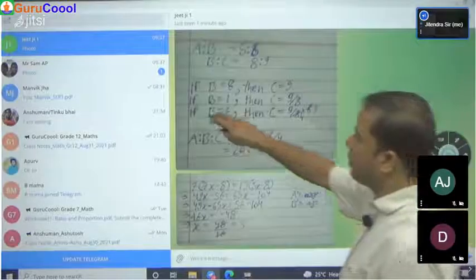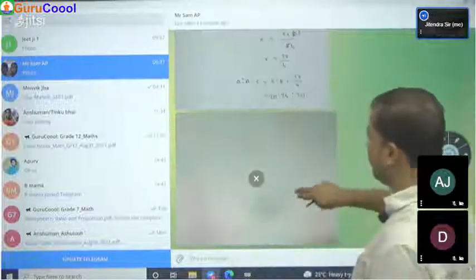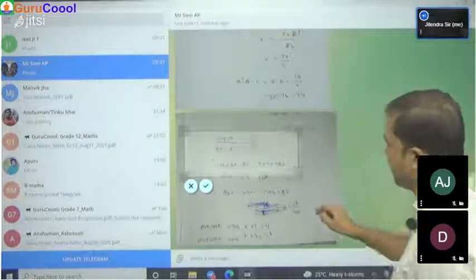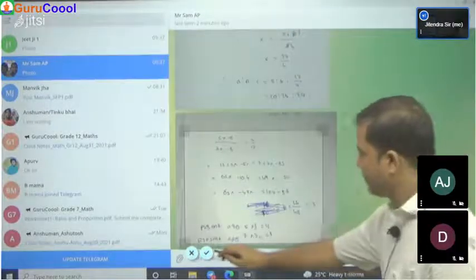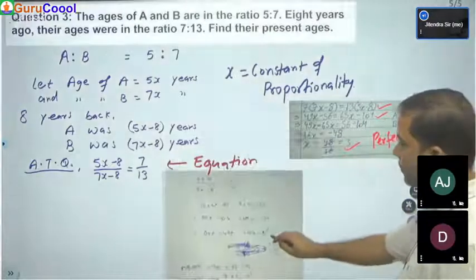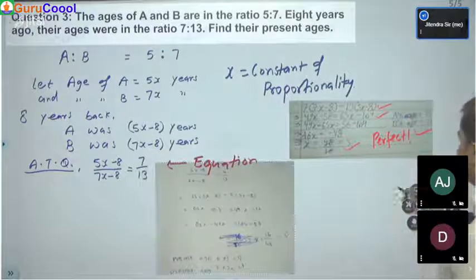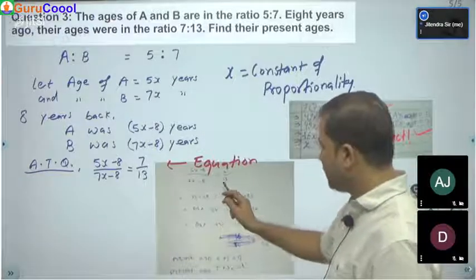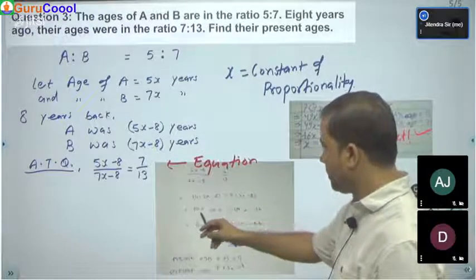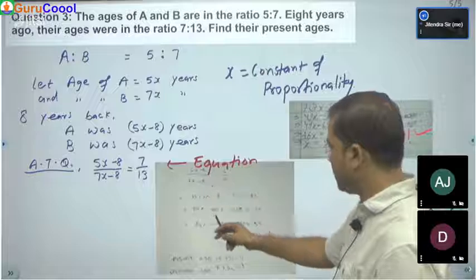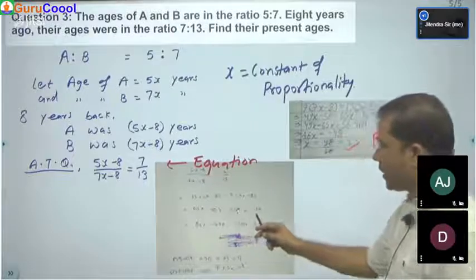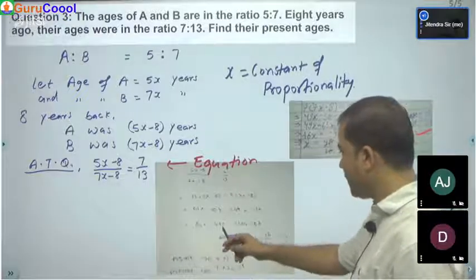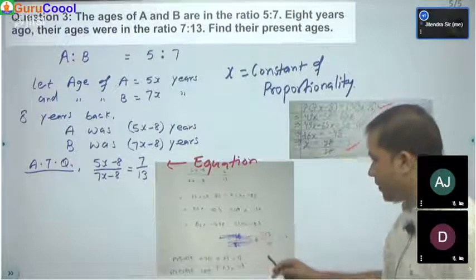Now, David, your answer. You have cross multiplied: 13 times 5 is 65x minus 13 times 8 is 104, 7 times 7 is 49x minus 7 times 8 is 56. That's good. 65x minus 49x is equal to 104 minus 56.